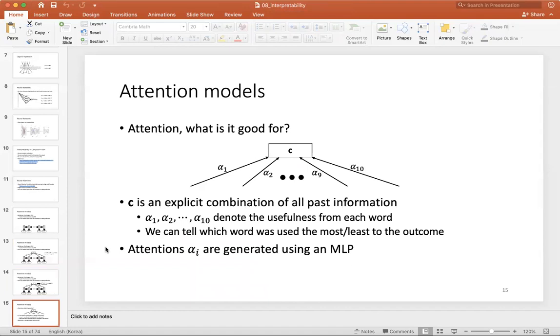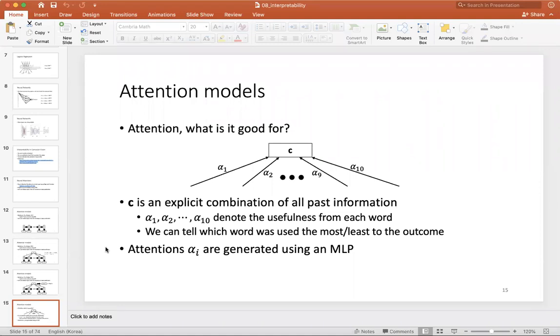What's good about neural attention is, first of all, you explicitly combine all the hidden layers from all the time steps, so you're not forgetting anything. That's why it outperforms. When it was first introduced for translation, it did outperform the previous approach, which didn't use an attention mechanism.